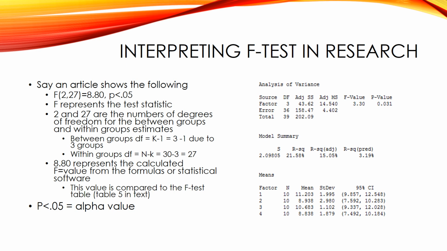Now remember too, this doesn't tell you where the significant interaction is. To do that, you're going to do what is known as a post hoc test. There's Tukey tests, there's different types of post hoc tests, and that will tell you where the significant interaction will have occurred.